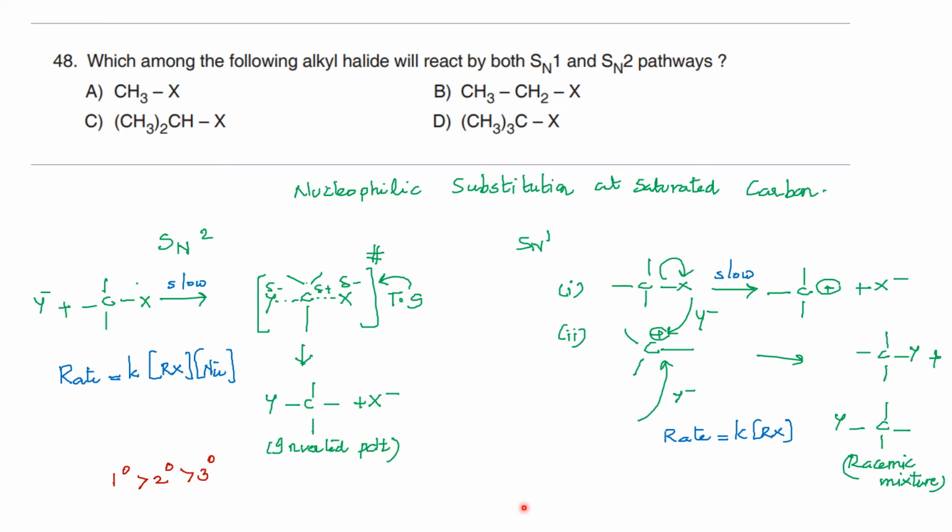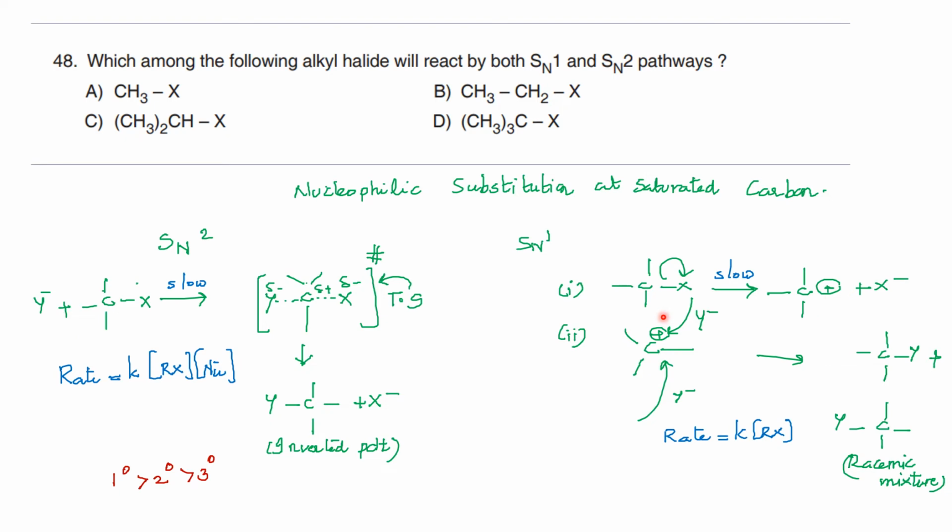tertiary. Now, when you come to the case of SN1 reaction, that actually involves a formation of a carbocation, which is a reactive intermediate. And when you look at the stability of a carbocation, it becomes more stable when there are electron donating groups attached to the carbon center. Therefore, a tertiary carbocation will be more stable compared to secondary, compared to primary.